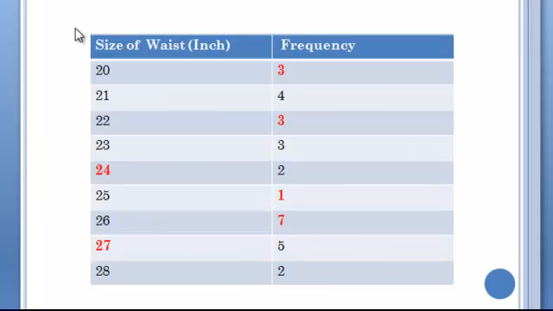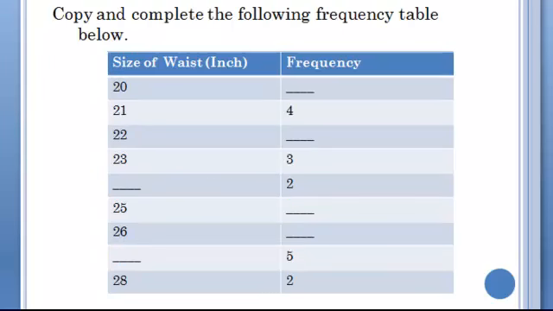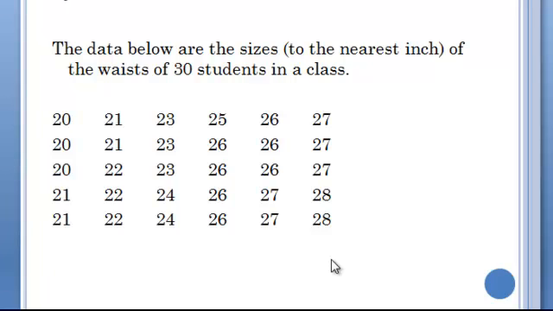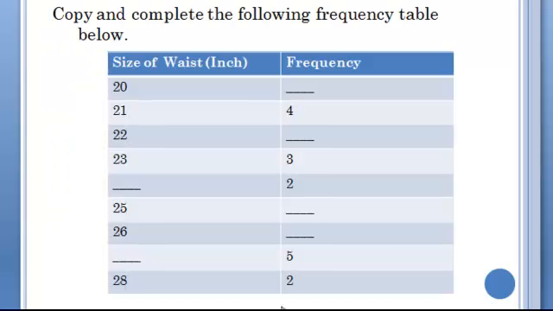Now to find the size of the waist that was missing, what we did was to look at the frequency amount and realize that this column was missing. Let's go back to it and look. So we realized that they had given us a 2 and we did not know the size of the waist. So we go back to the information and look to see which number is given twice other than 28, because 28 was there in the table as 2.